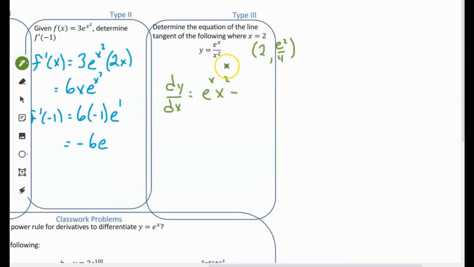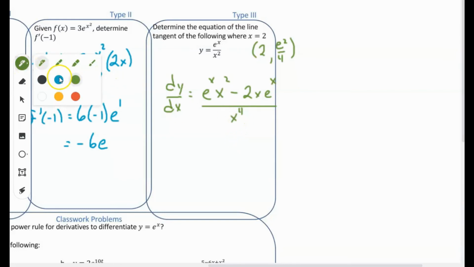Then subtract the derivative of the denominator. The derivative of x squared is 2x, and then multiply by the numerator, which is e to the x. And then divide all of that by the denominator squared. So x to the 4. Right? X squared squared would be x to the 4.